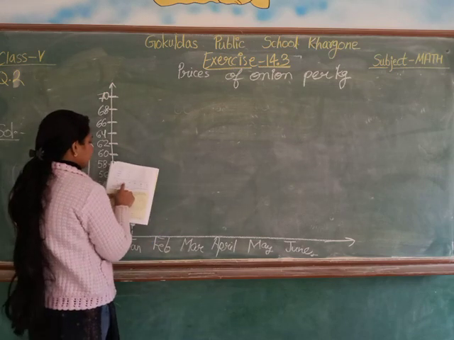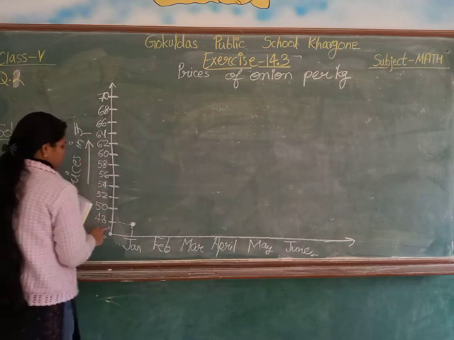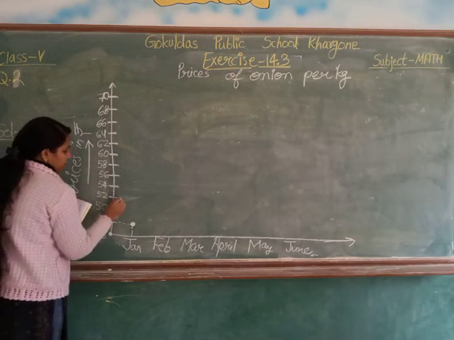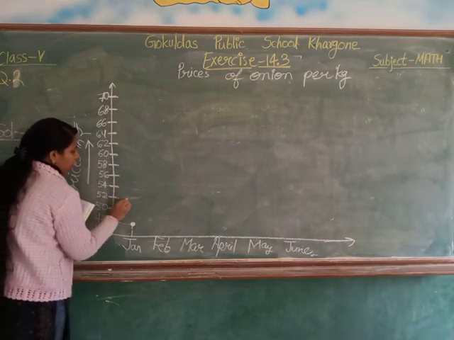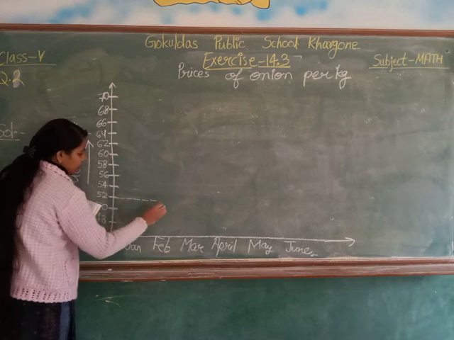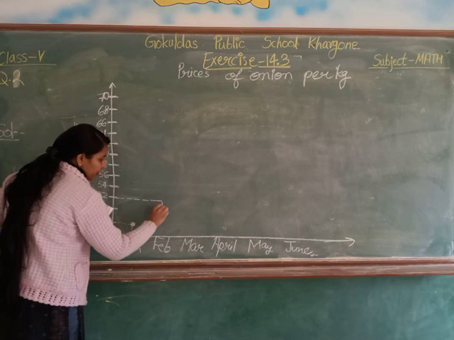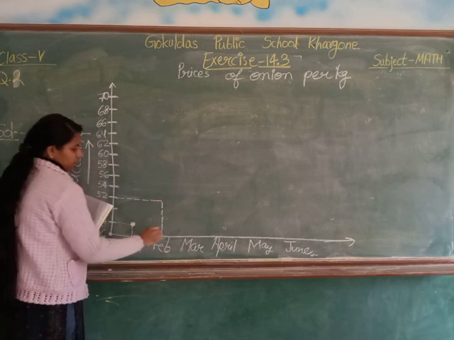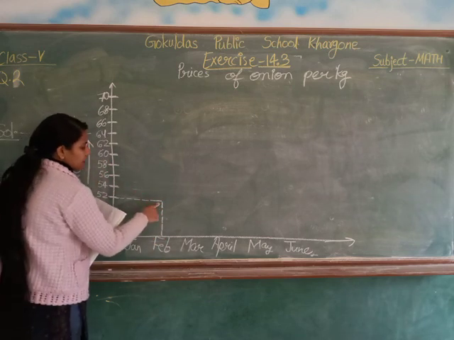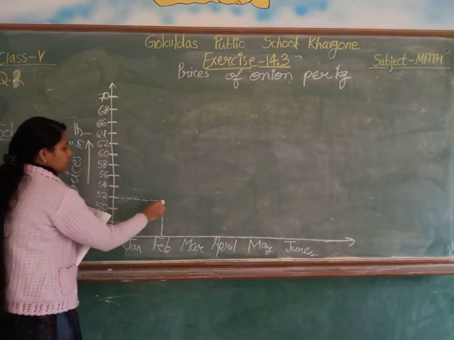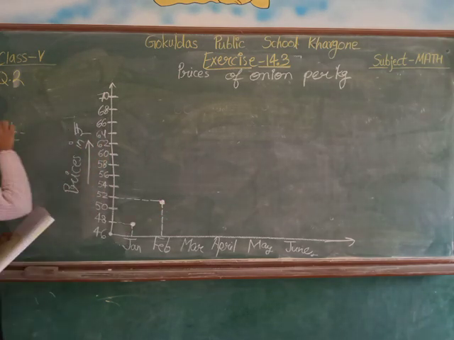Now in February the price was 52. So on the vertical line find where 52 is written. It is here. Now draw a dotted line till February. Now draw one vertical line. We get the intersection point. Intersection point means meeting point of two lines. So draw a point here.